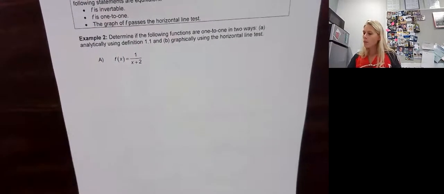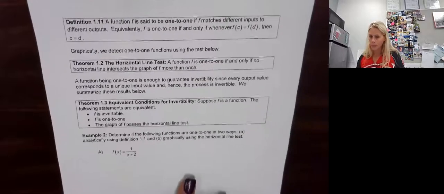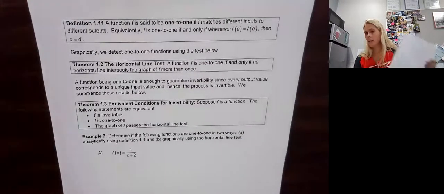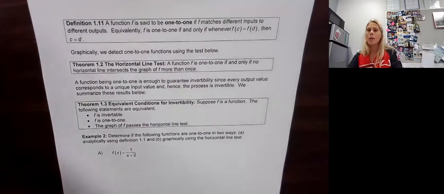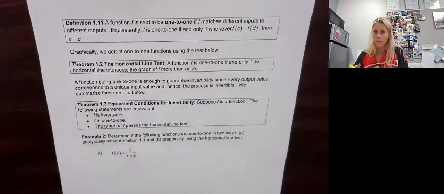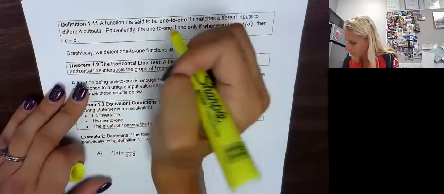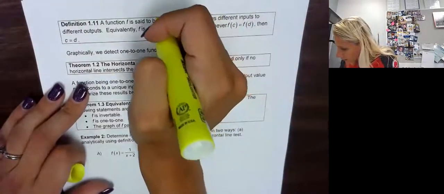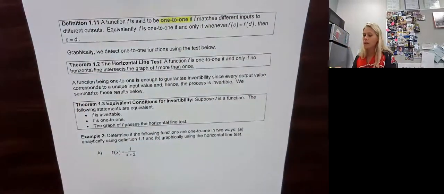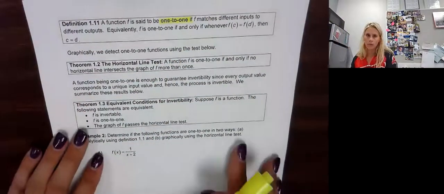Okay. So definition time. A function is said to be one-to-one if a function has an inverse that is also a function. Okay.